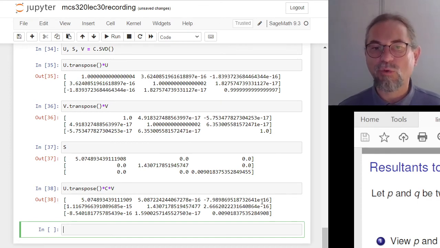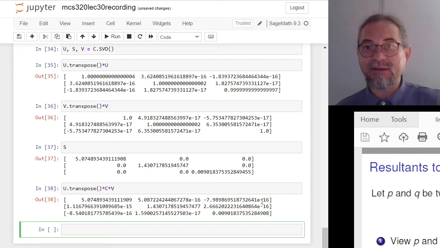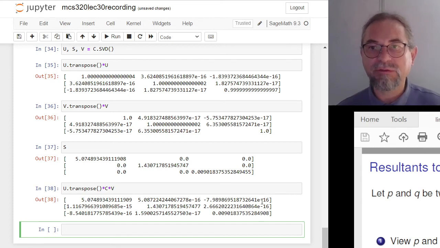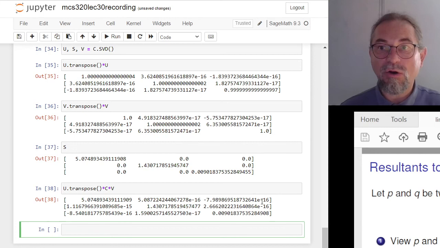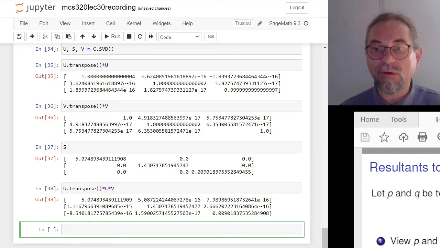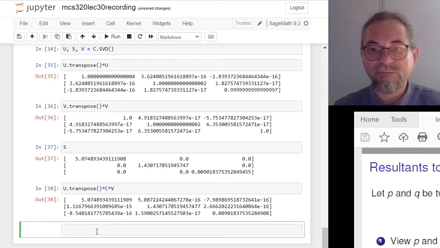So up to the working precision, we have a diagonalization. These 4 statements, starting with a matrix over the complex double field, capture the essence of the singular value decomposition. Alright, so these were my matrix factorizations over fields.